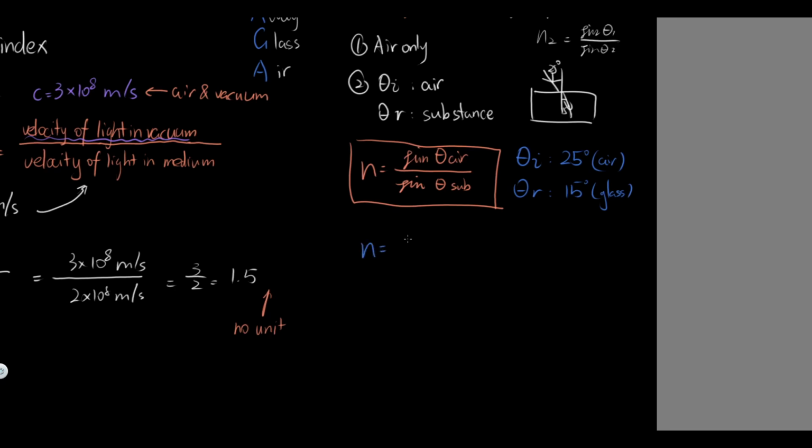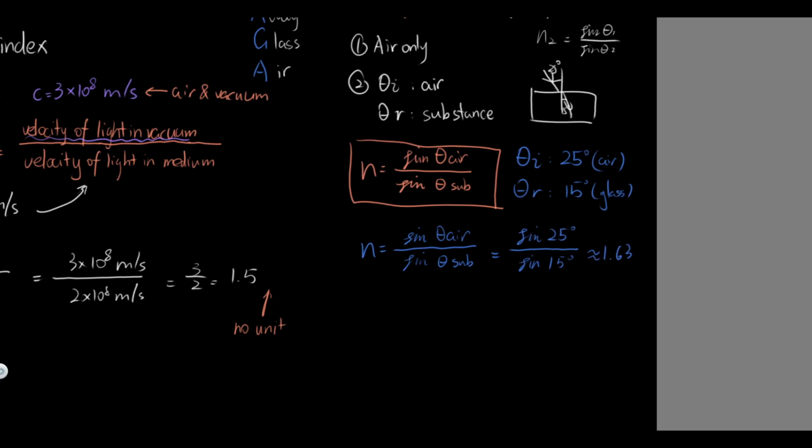So n is equal to sine theta air over sine theta substance, which is sine 25 degrees over sine 15 degrees. If you calculate on the calculator, it gives you approximately 1.63.